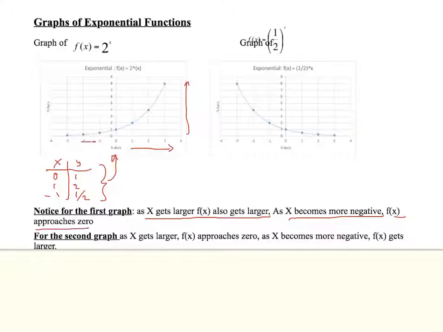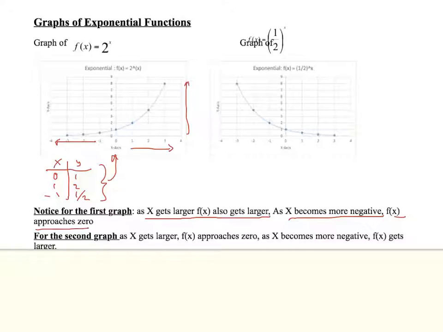And so when we go in this direction, we see that we're approaching the x-axis, right? So again, the domain is all real, and the range, as you can see, goes from 0 to infinity.